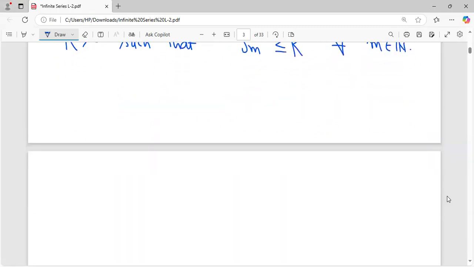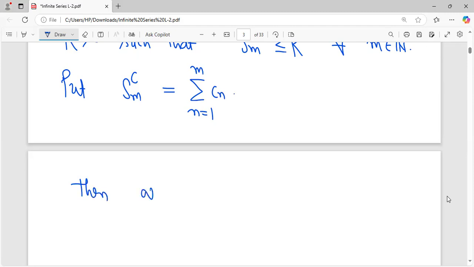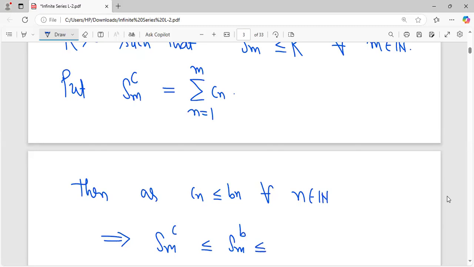Okay, now put S_m^C is equal to summation n goes to 1 to m cn. Then as cn is less than bn for all n belongs to N, this implies S_m^C will be less than S_m^B, but this is less than k.